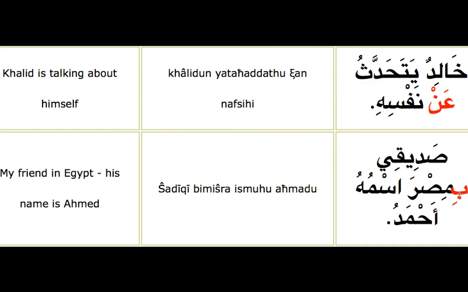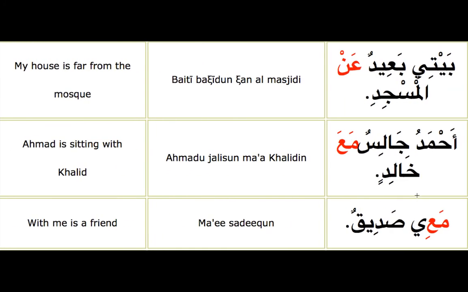Ba is a harf jar, bimisr. So baiti, baiti is ya mutakallim, my house. Ba'idu an. This ba'id means far, and always comes with an. Whenever you see ba'id, it always comes with an, far from. And qareeb, near to, is qareeb min.